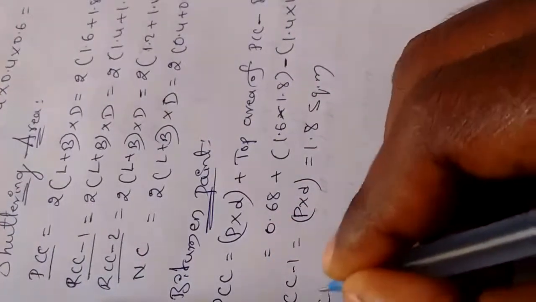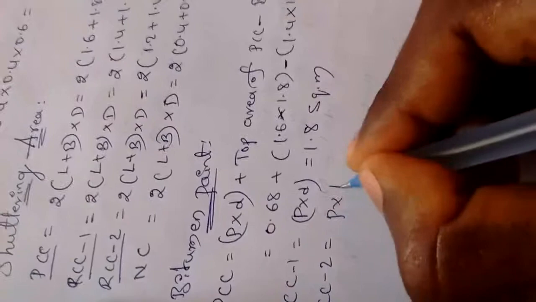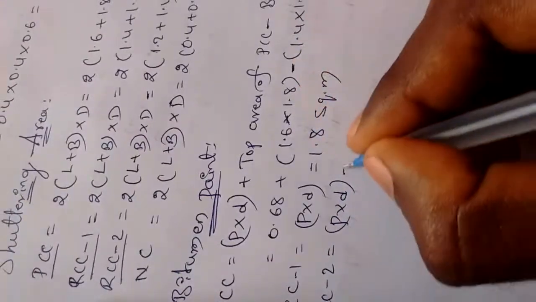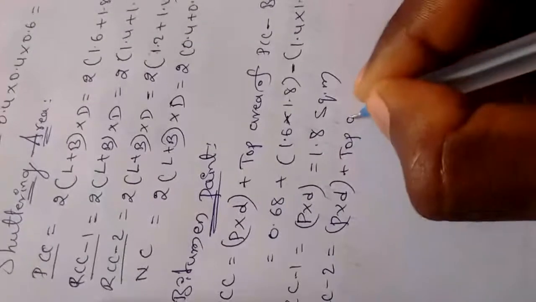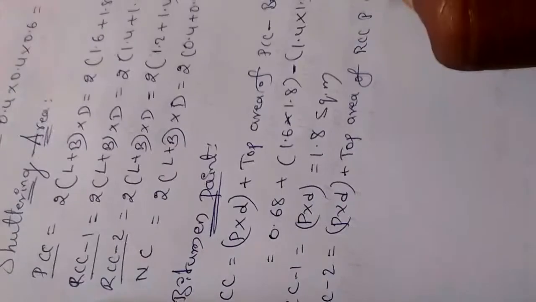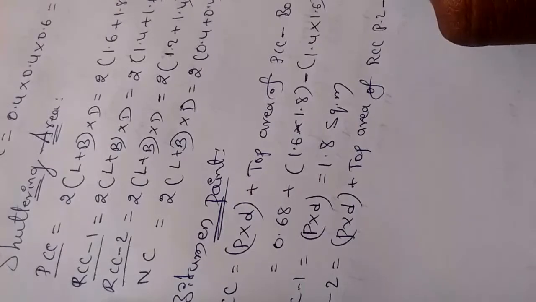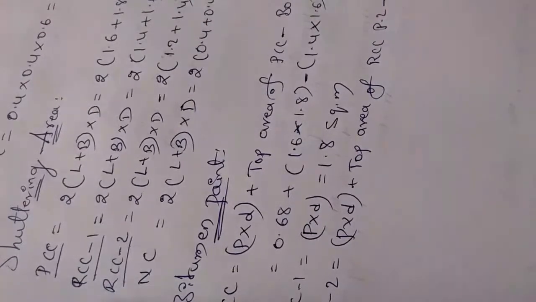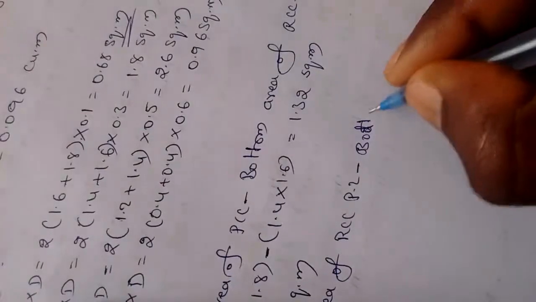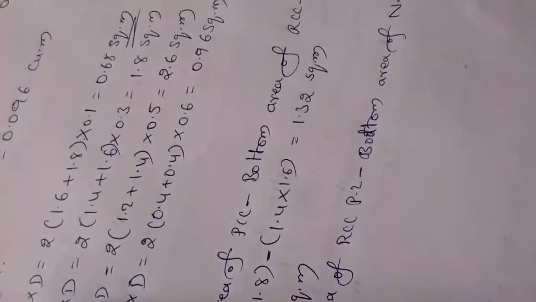Next, RCC part 2. Perimeter into depth plus top area of RCC part 2 minus neck column area, the bottom area of the neck column.